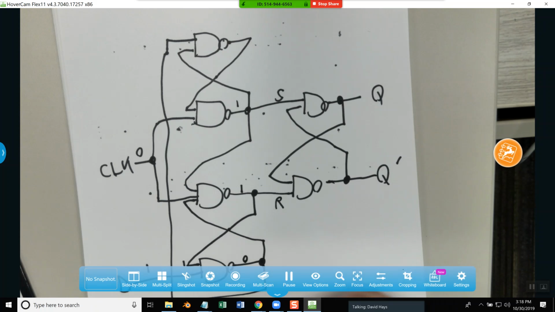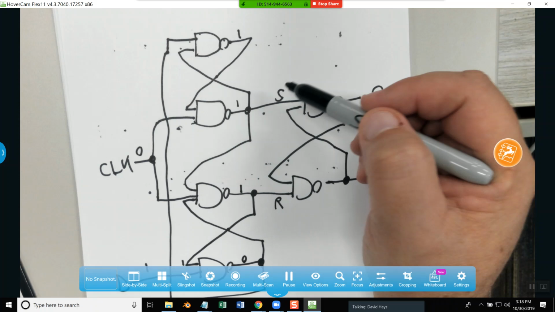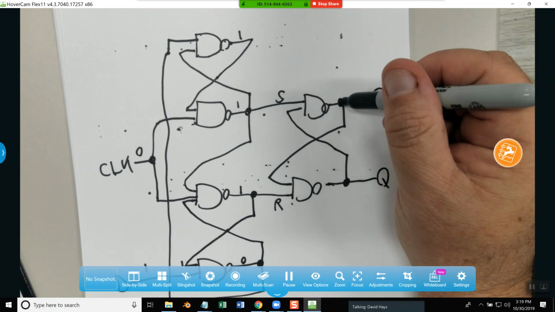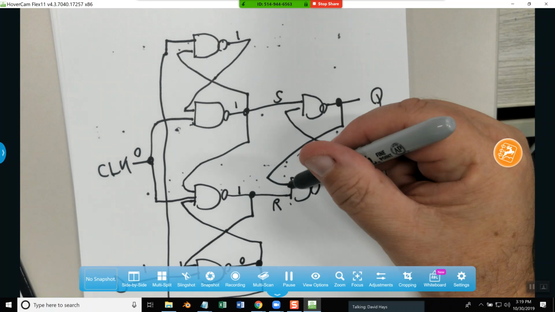When clock becomes 1, so that's a 1. This is a 1 coming in. 1 and 1 is 1. Inverted becomes a 0.